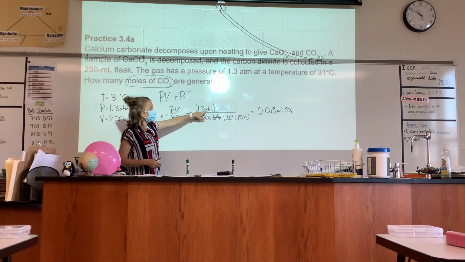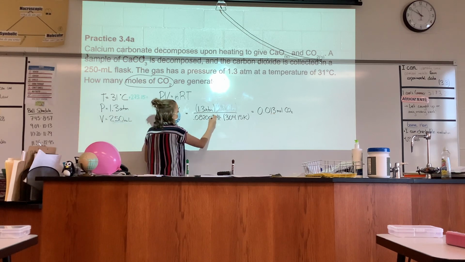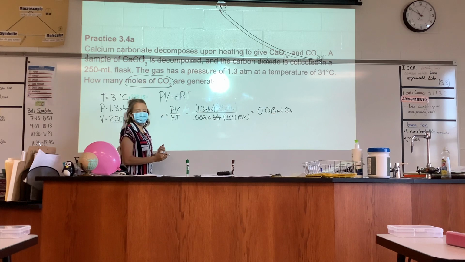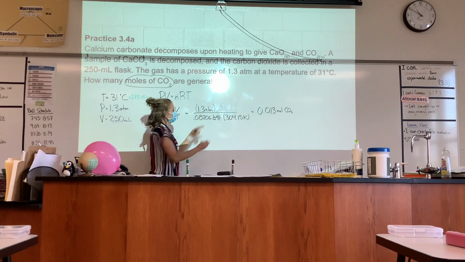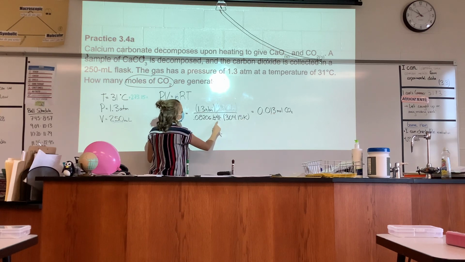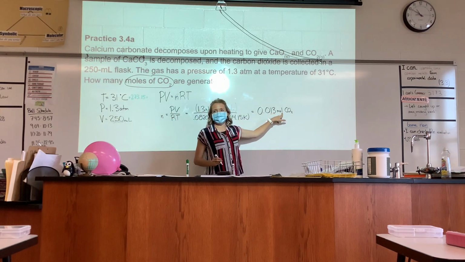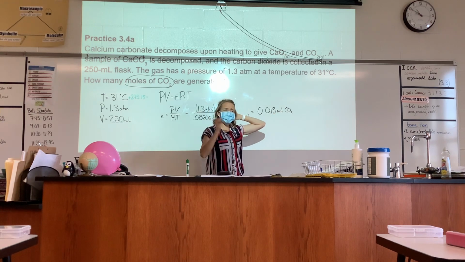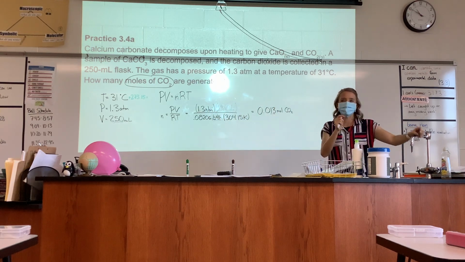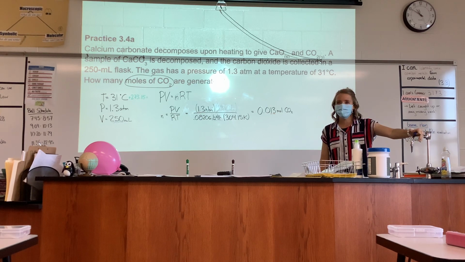So I have atm on top of my fraction, and atm on the bottom of the fraction, because it's a big fraction, so that cancels away. Liters is on the top, liters is on the bottom, so that cancels away. Kelvin on the top, Kelvin on the bottom. So the only unit left is the unit I want. Tracking your units can really help you make sure that you did things right. There were times in college where I was like, shoot, I don't remember this equation.